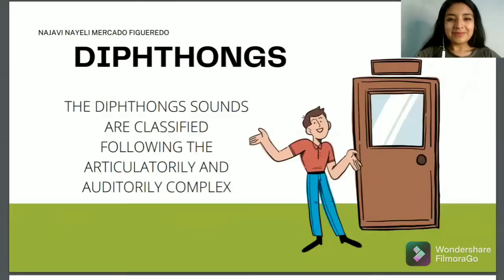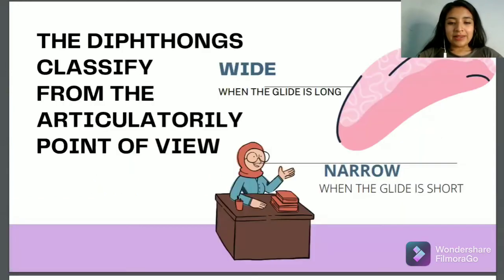Well, to begin this presentation, we have to know what the diphthongs are. The diphthongs are sounds that can be classified as articulatorily and auditorily complex. The articulatory point of view tells us that the diphthongs can be classified according to the distance of the tongue.